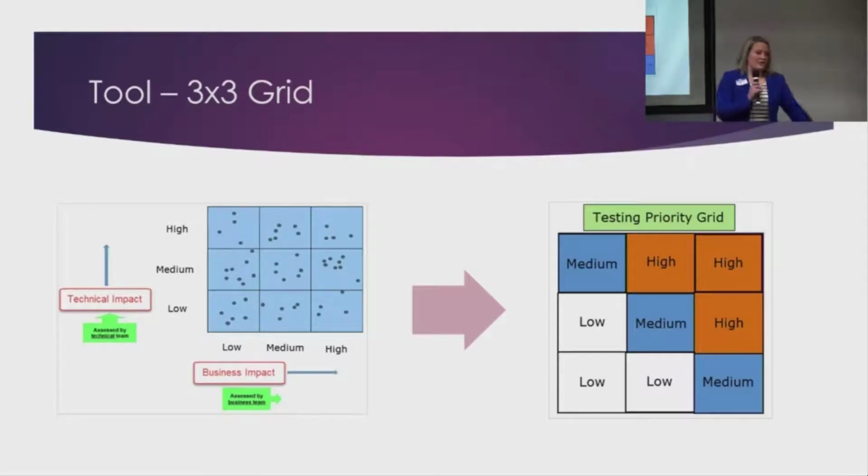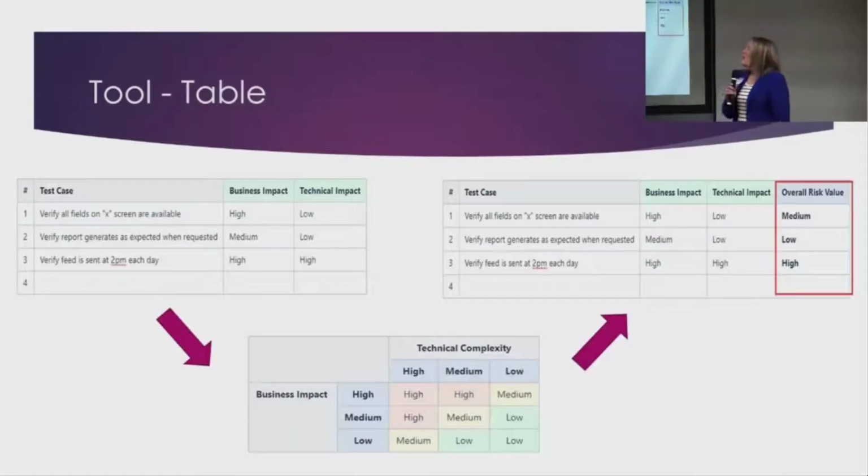So it's a good starting point with your team if you feel like this is the only level that you need. The next tool is a more table format, and we've actually found that most people prefer this one so far over the first one. It's actually displaying all of the test cases, and there's 3 columns: business impact, technical impact, and then your overall risk value.